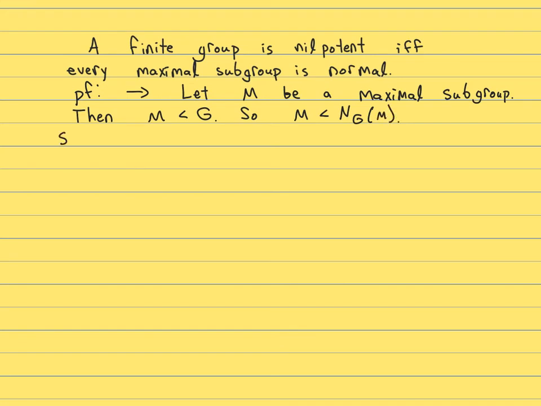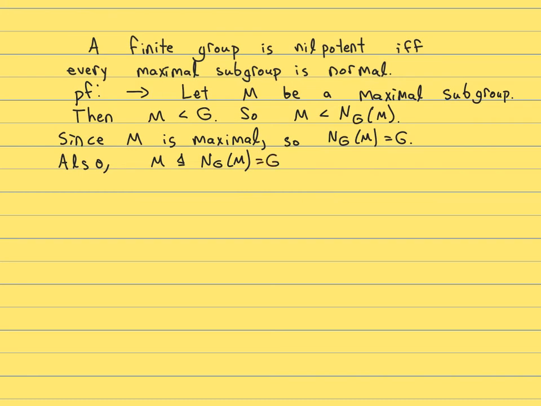But of course, it's a maximal subgroup. So this normalizer has to be all of G. Also, every group is normal in its normalizer. So it's normal in G, which is exactly what we wanted to show.